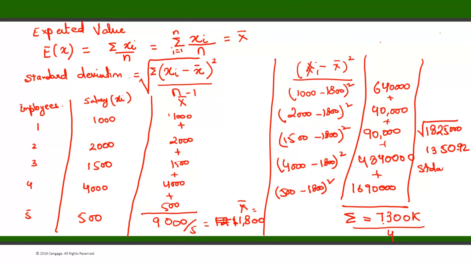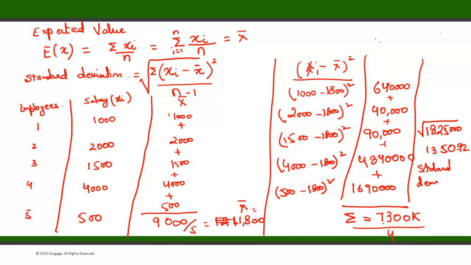So this is standard deviation, which means on average, how far is each value from the mean? So standard deviation technically means, in simplest words, how far a value is away from the mean on average. So generally speaking, on average, each value is $1,350 away.